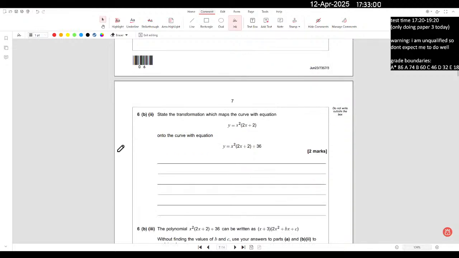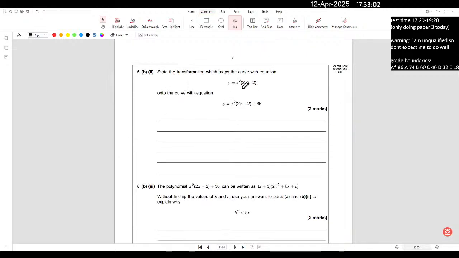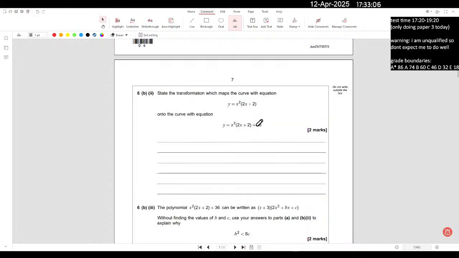State the transformation which maps the curve with equation that onto the curve with equation that. Okay, so this is just replacing y with y minus 36. So translation, I believe, translation of 36 units in the positive y direction.